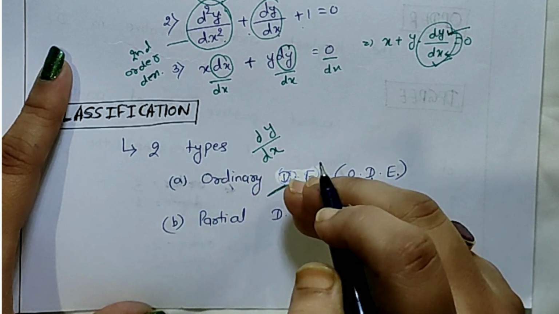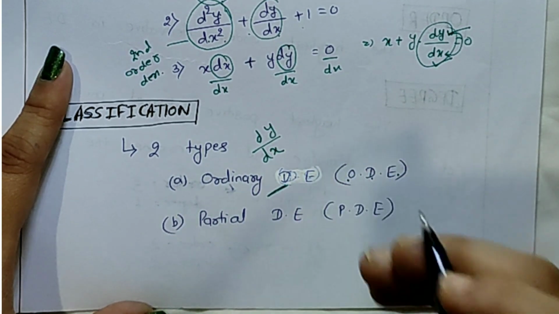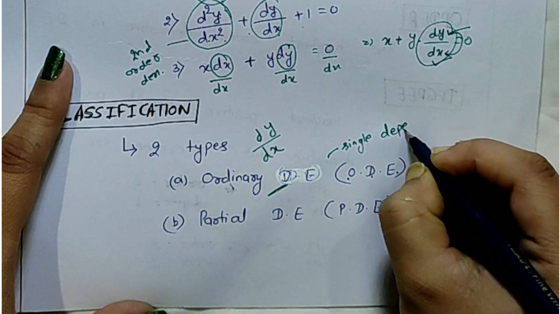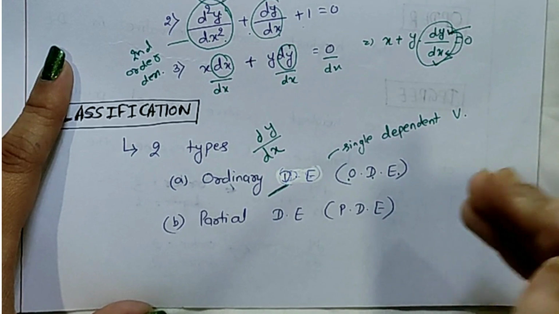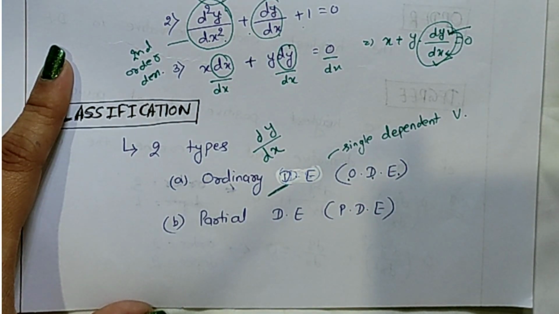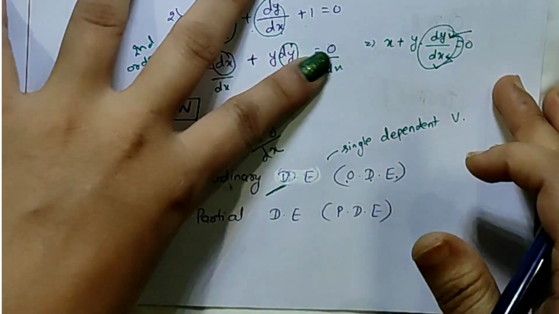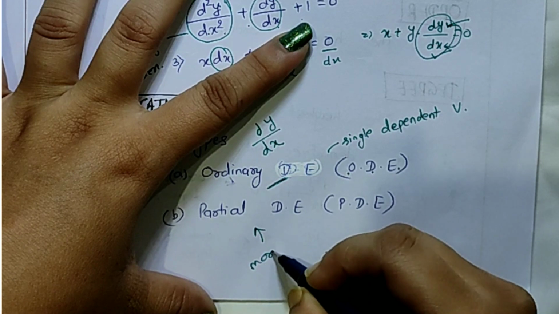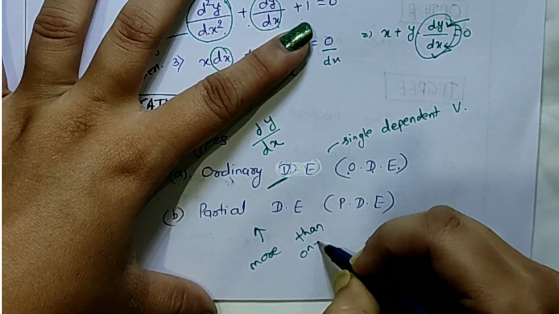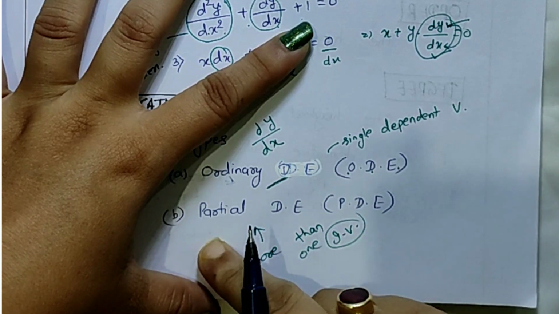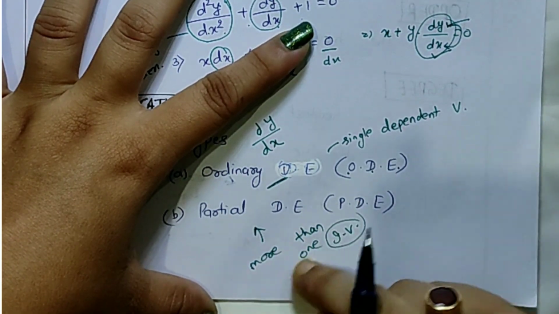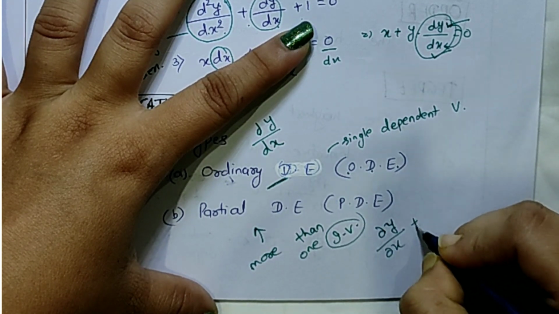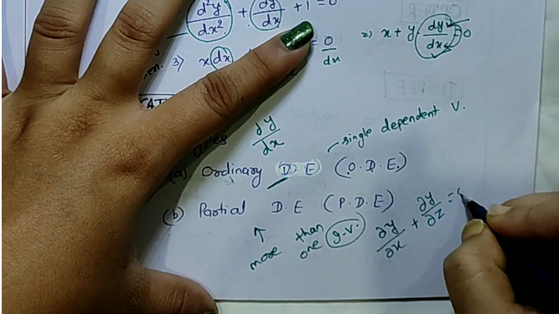And if we have more than one independent variable, it is called a partial differential equation. More than one independent variable, that means suppose del y by del x plus del y by del z is equal to 0.